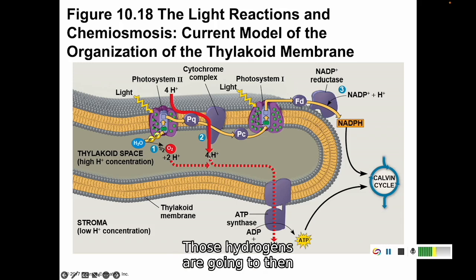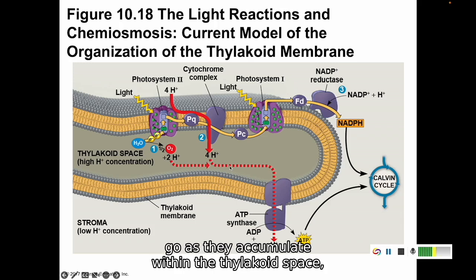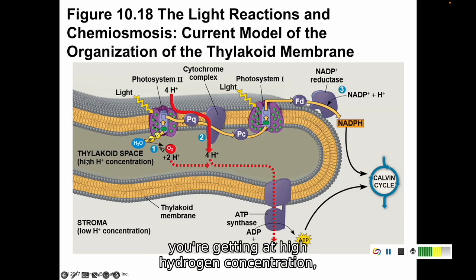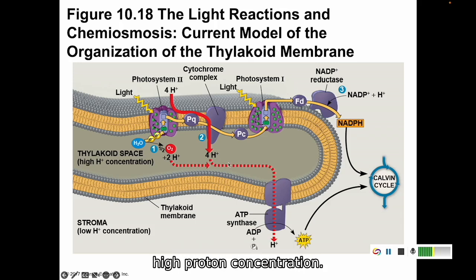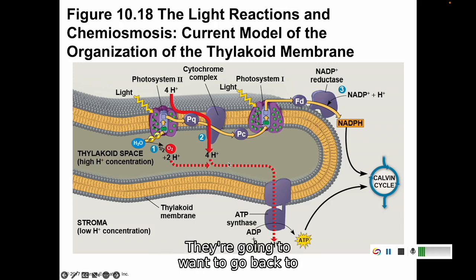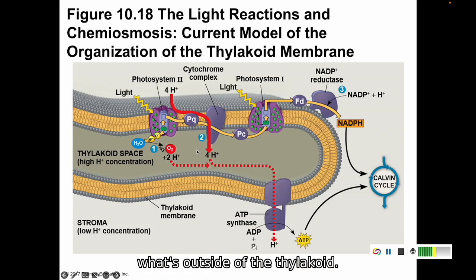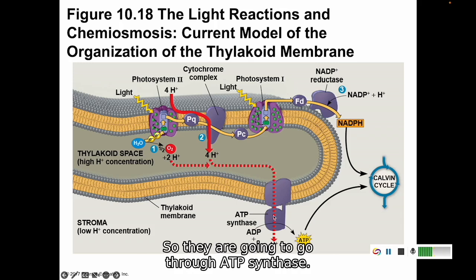As those hydrogens accumulate within the thylakoid space, you're getting a high proton concentration. They're going to want to go back to equilibrium with what's outside the thylakoid. So they're going to go through ATP synthase.